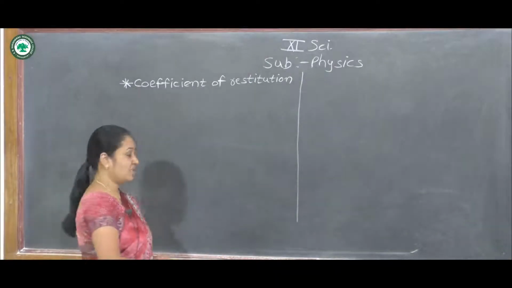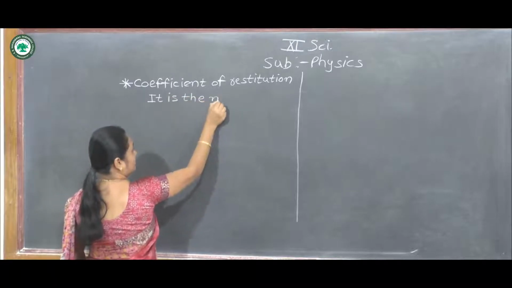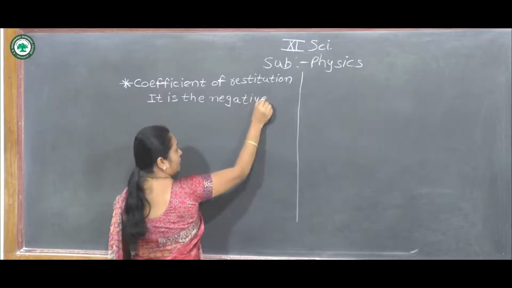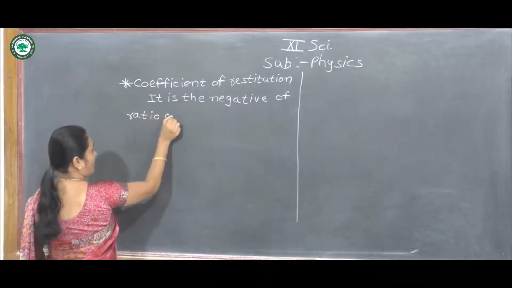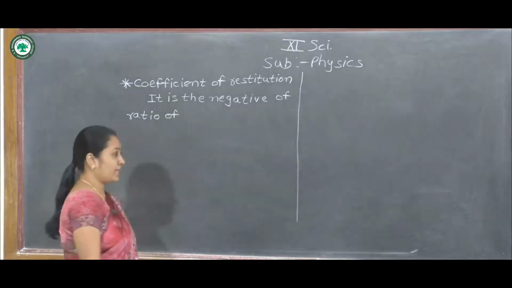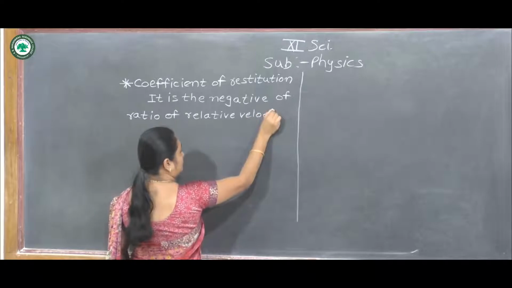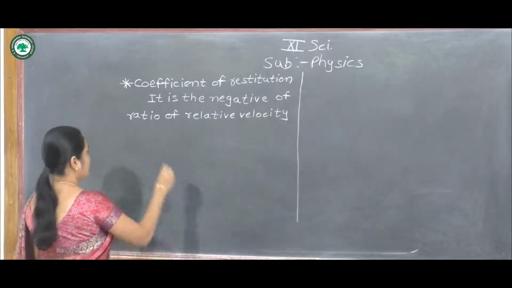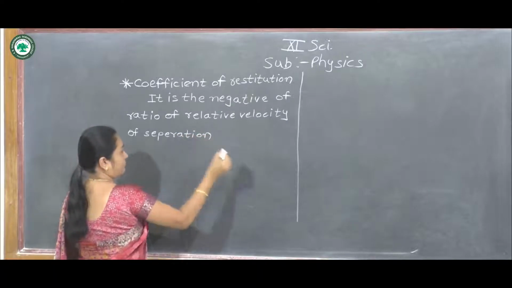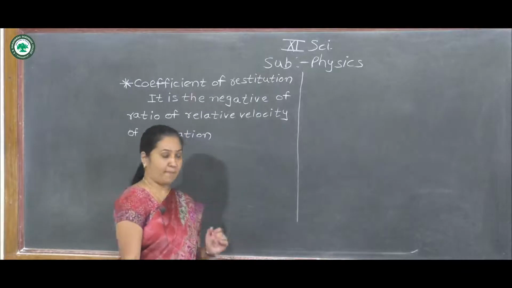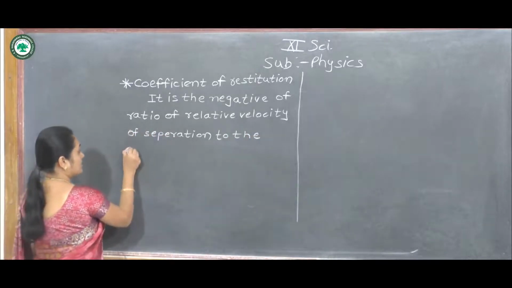So first we will write its definition. It is the negative of the ratio of relative velocity of separation to the relative velocity of approach.